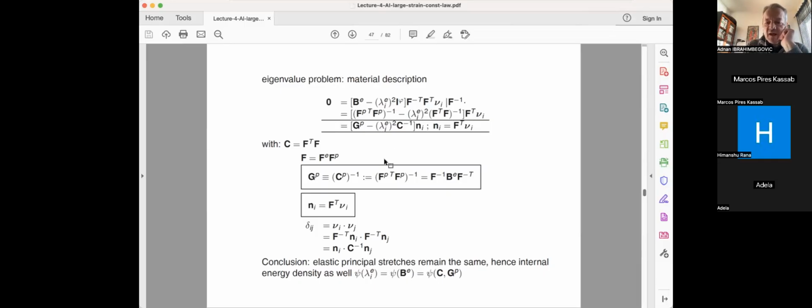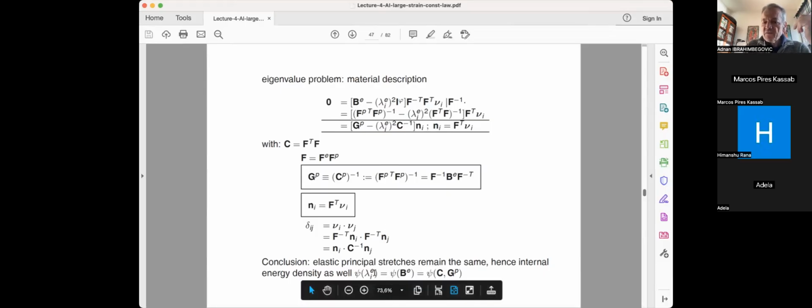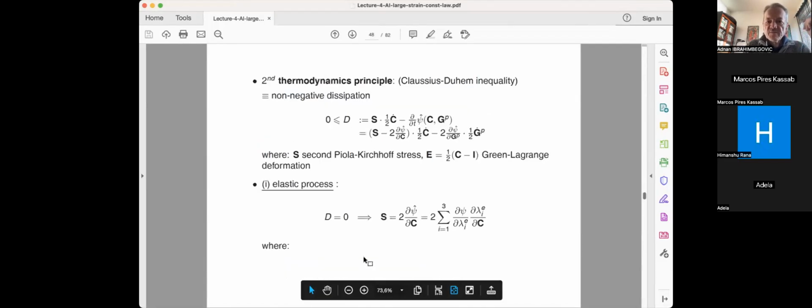So I can quantify the behavior of the material in terms of some kind of internal energy density, which could be a function of these principal elastic stretches lambda I E, or BE, or the pair of tensors C and GP. You have really different pictures depending on how you choose them, but let me stick with the lambda E, the principal stretches.